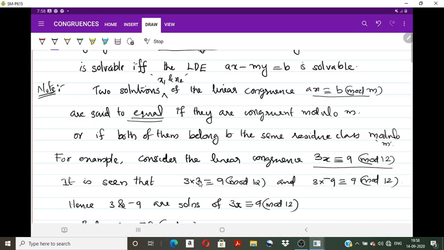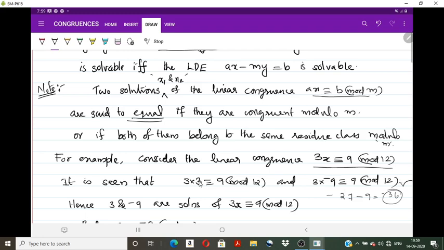And whenever we take x as minus 9, then we have 3 into minus 9, that is minus 27. Then minus 27 minus 9, that is minus 36, which is also a multiple of 12. So this congruence also holds. That is, 3 into minus 9 is congruent to 9 modulo 12.